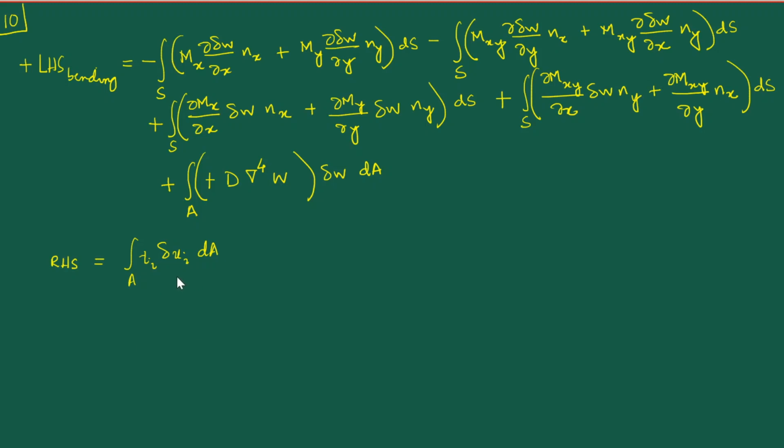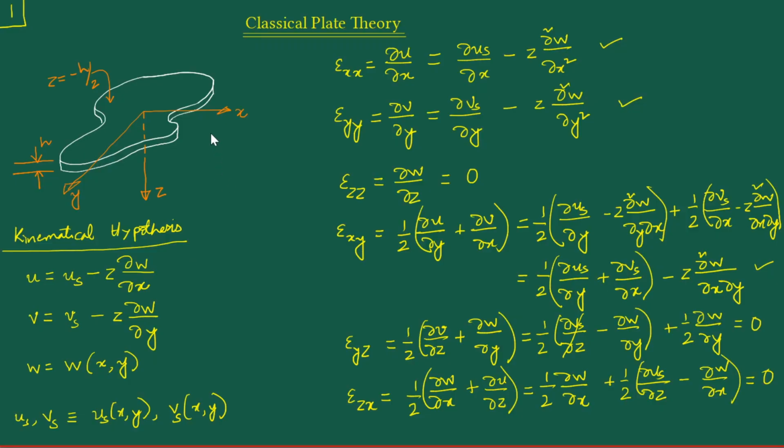What is this load? Let me go back to the first page that we were considering. So this diagram, and here I need to show the load, the externally applied load, in this particular fashion.